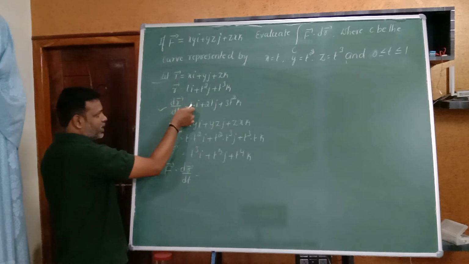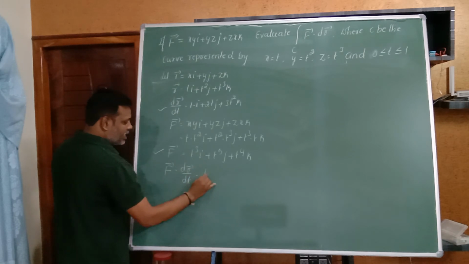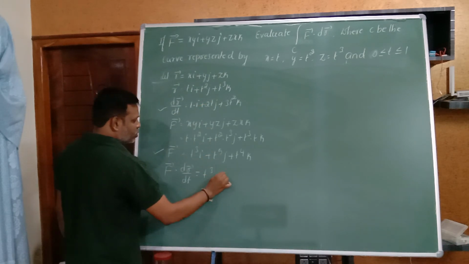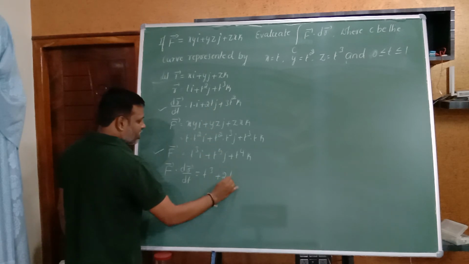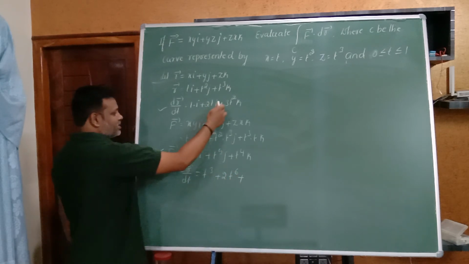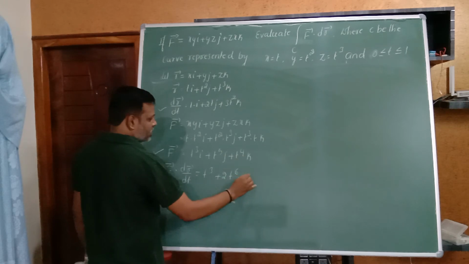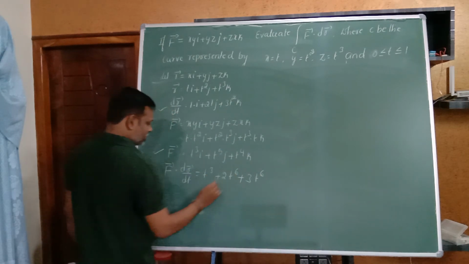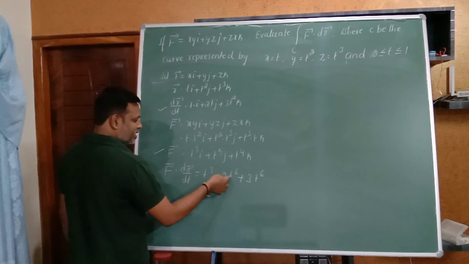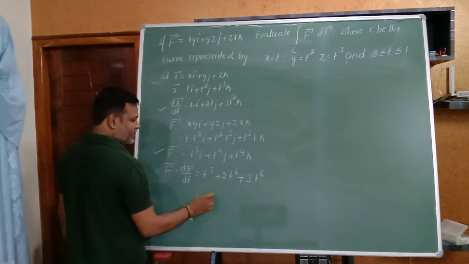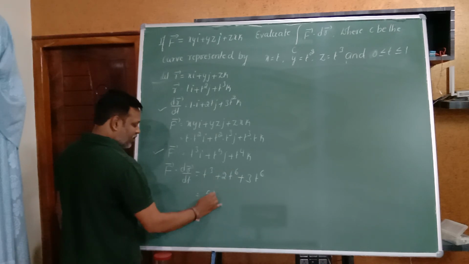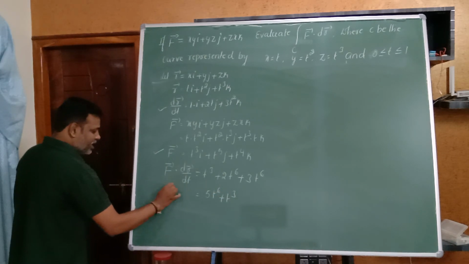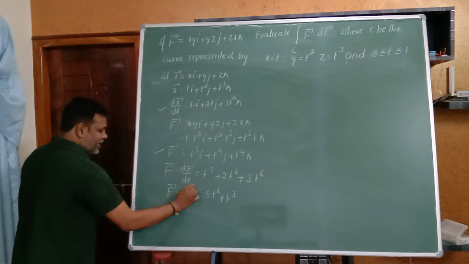Just multiply the components. 1 into t cube is t cube. 2t into t power 5 is 2t power 6, plus 3t square into t power 4, which is 3t power 6. Simplify this: 2t power 6 plus 3t power 6 is 5t power 6, plus what remains is t cube. This is f vector dot dr by dt.